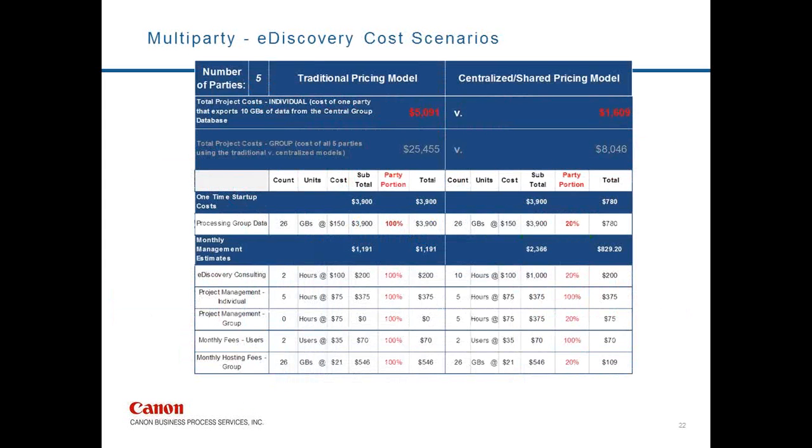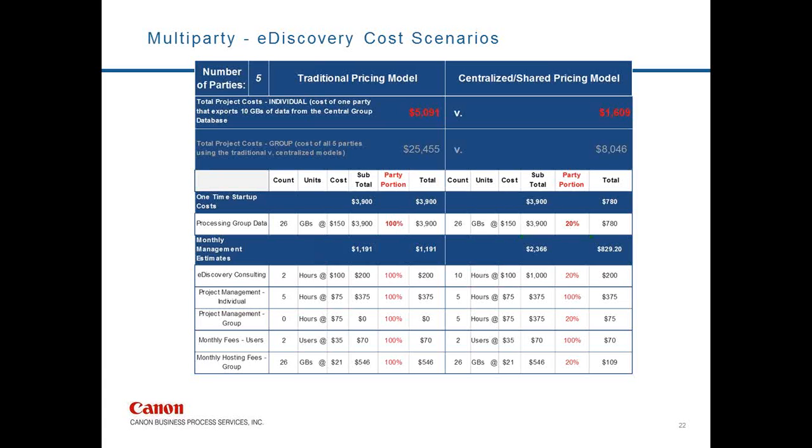This is an actual cost scenario that Lewis Brisbois and Canon put together for a recent multi-party litigation, and it just shows you how you can share in these costs. So ultimately, under a traditional model where each party was doing this themselves, the cost is multiplied by 5.